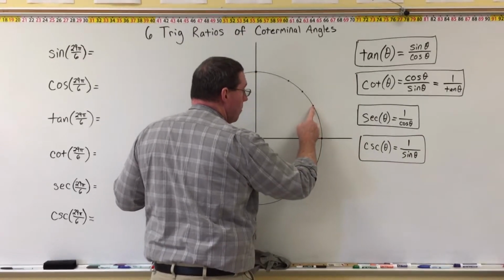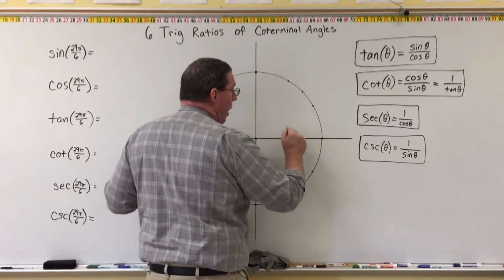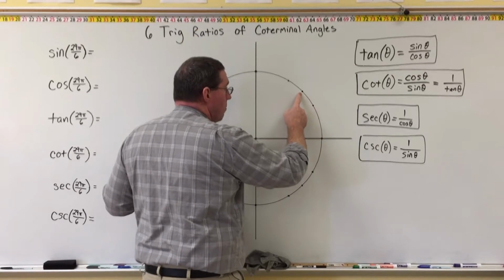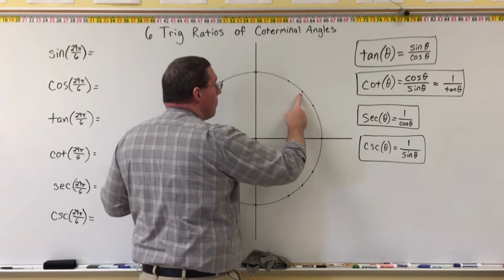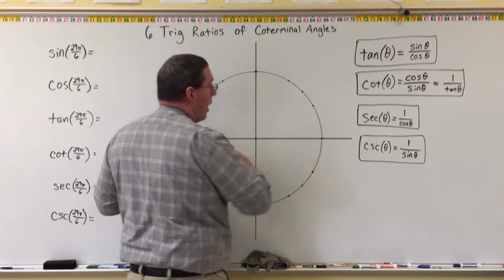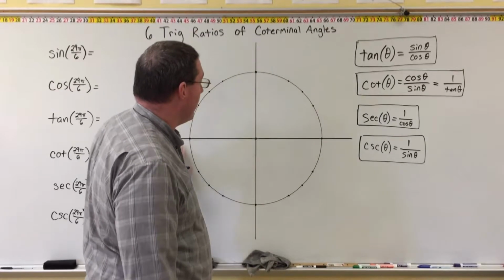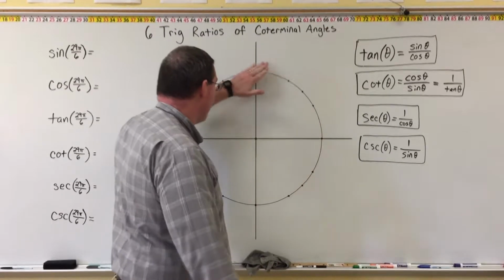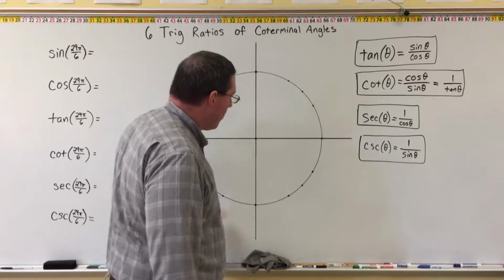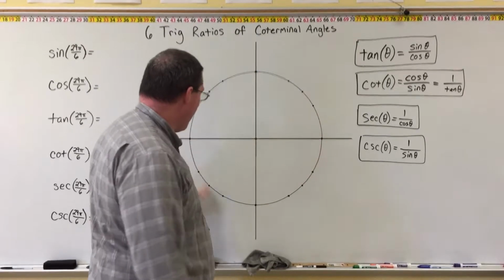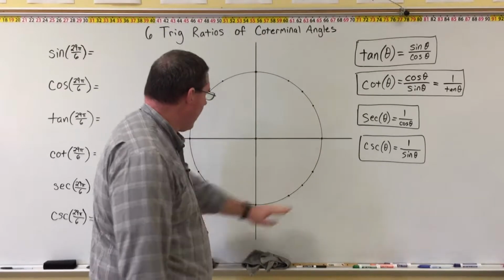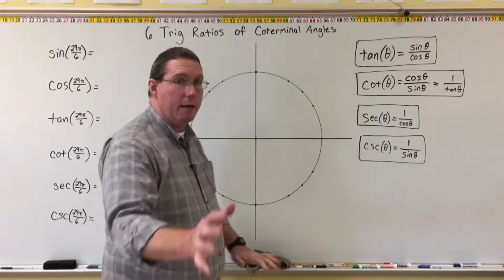This then becomes 13 pi over 6. This then becomes 9 pi over 4. And this one becomes 7 pi over 3. And then we keep climbing around to 2 pi, or excuse me, to 4 pi. Then 6 pi, 7 pi, 8 pi, 9 pi, 10 pi, 11 pi, etc.